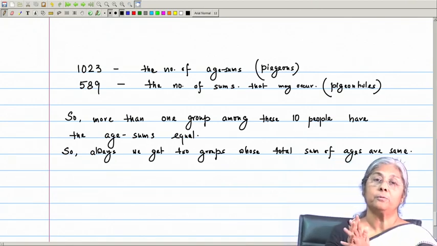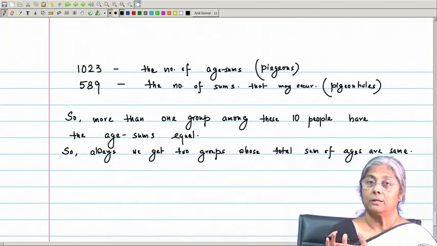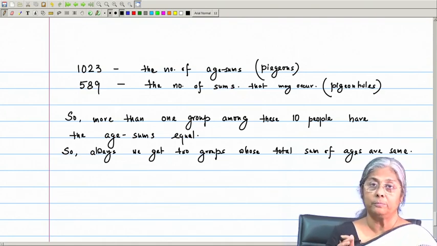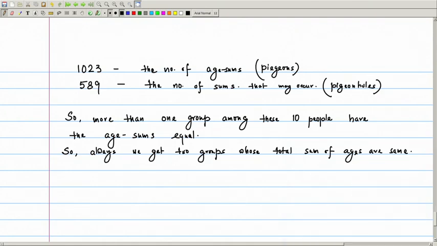This is a different type of problem, and we can apply the pigeonhole principle to prove the statement.